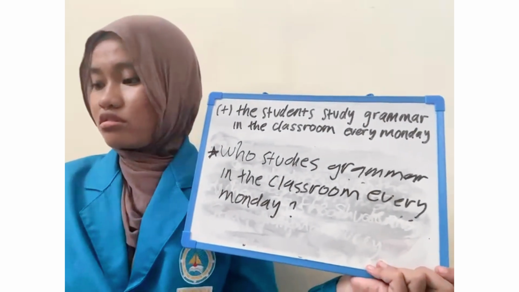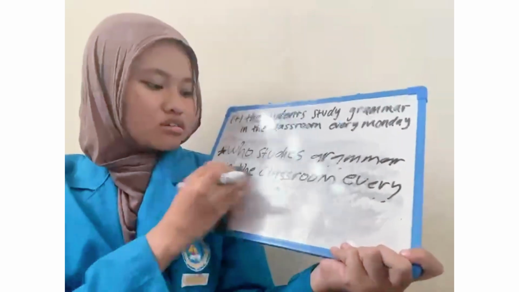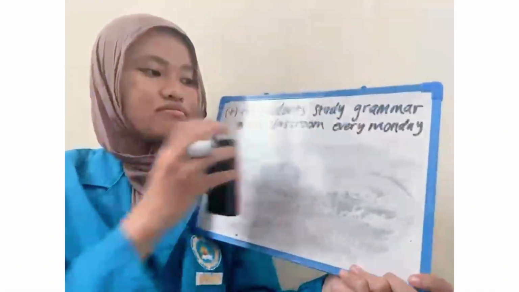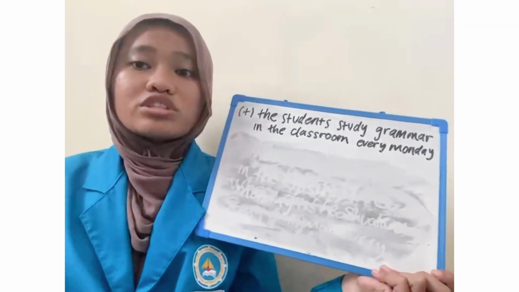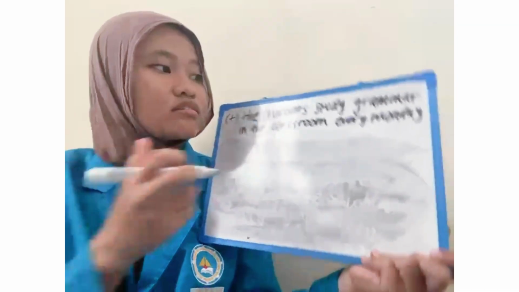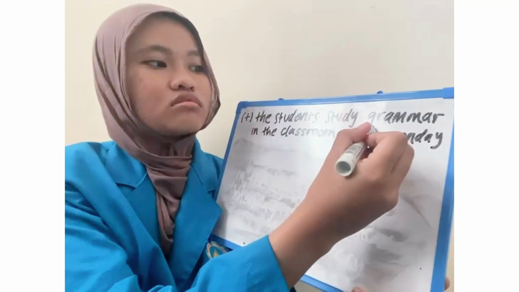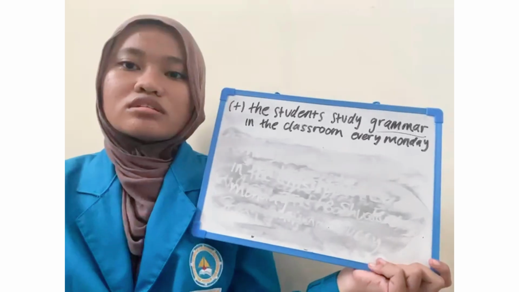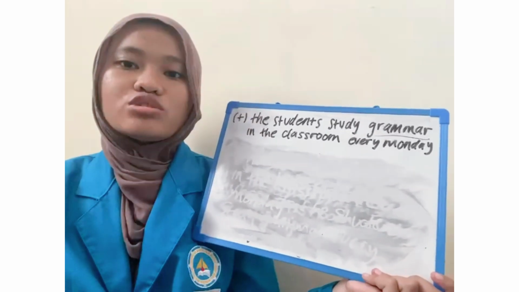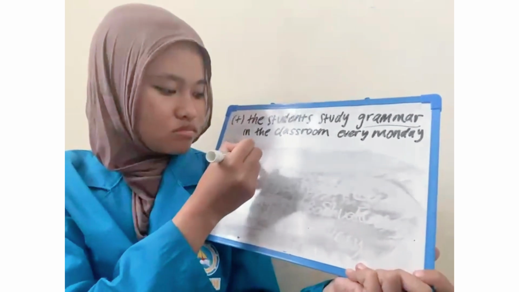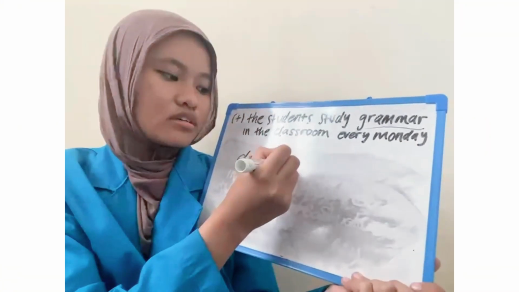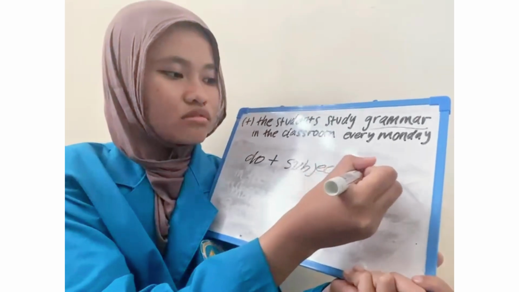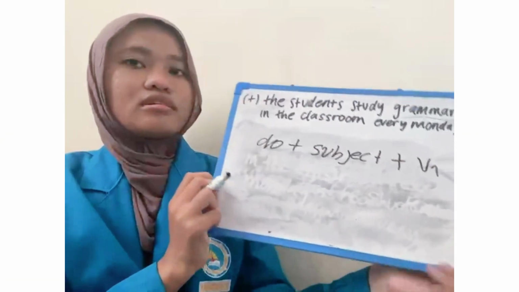We move to the last, the what question. This question asks about the object. The object is grammar, right? Because this is an object question, we use do plus subject and verb 1, right?